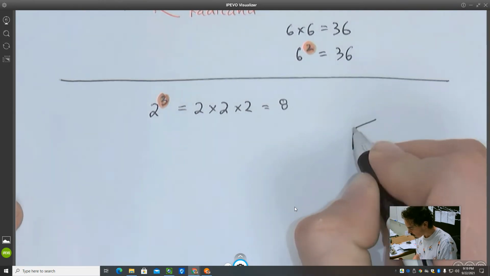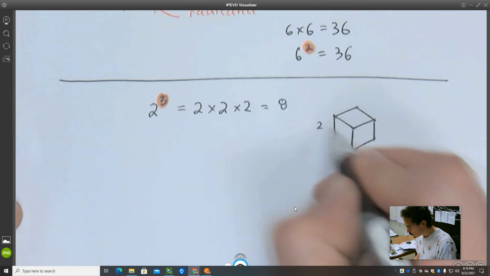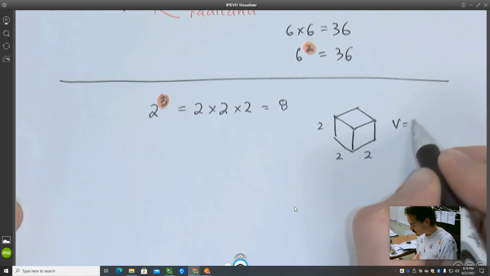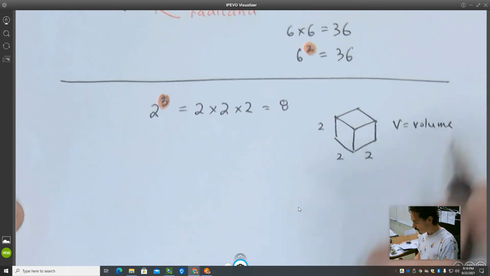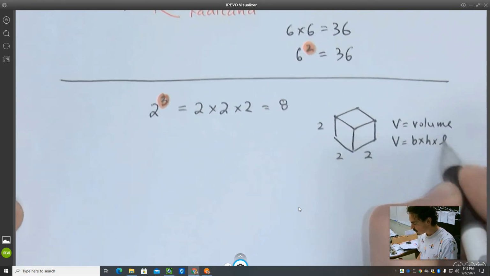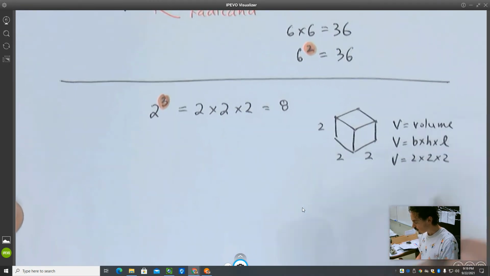If I had length, base, and height all being 2, how I would find the volume, V for volume, is base times height times length, so I would multiply 2 times 2 times 2. A cube has all 3 dimensions the same.